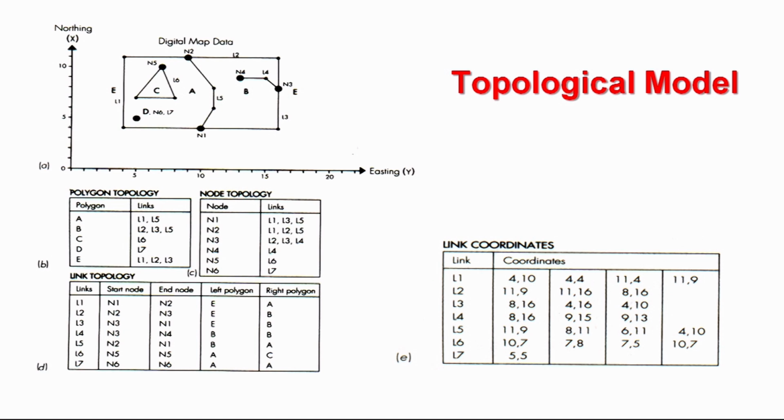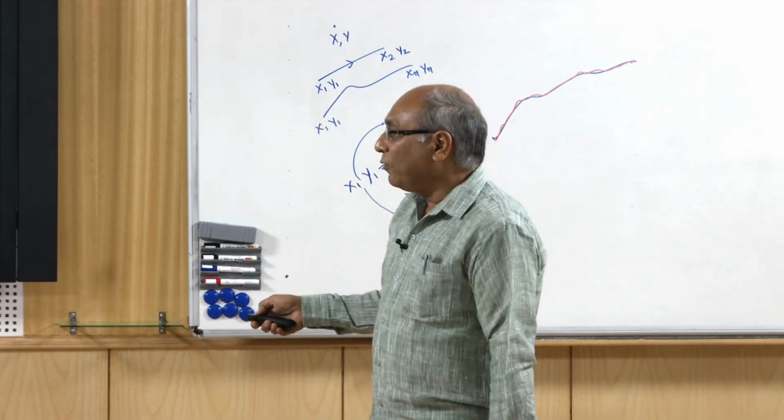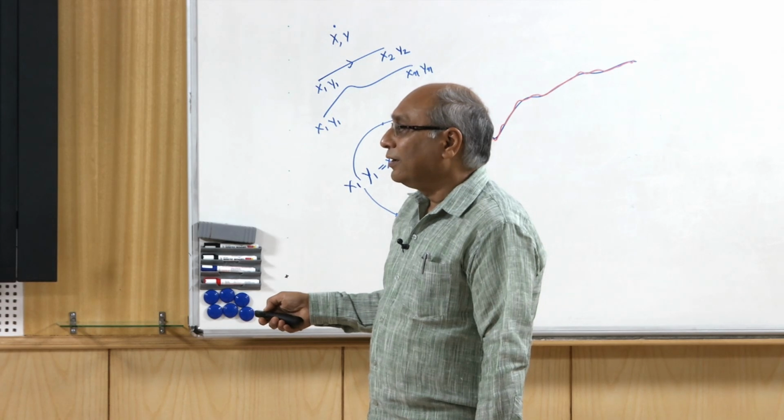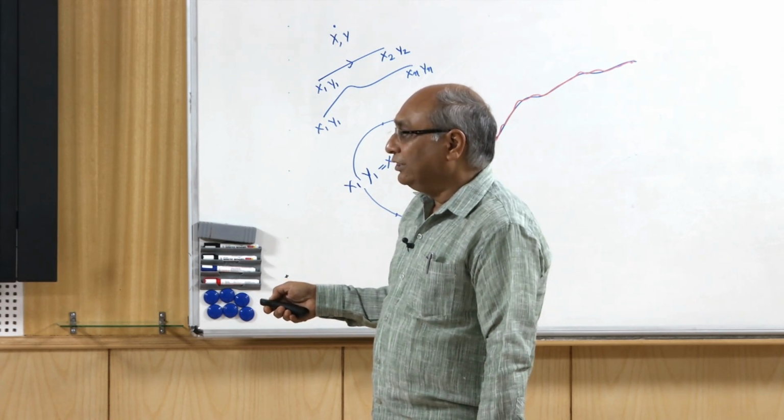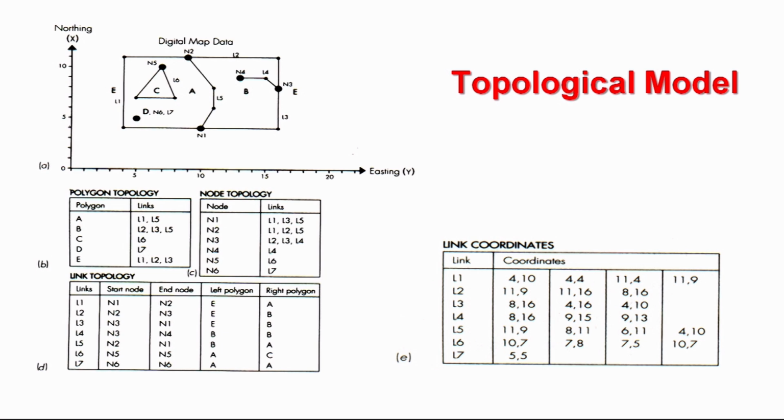And see this information about neighborhood, who is on the left side and who is on the right side, is also stored. Finally comes the polygon topology table, where polygon A, which is this one, is constructed using 2 links, L1 and L5.